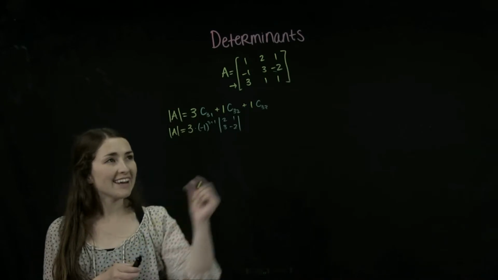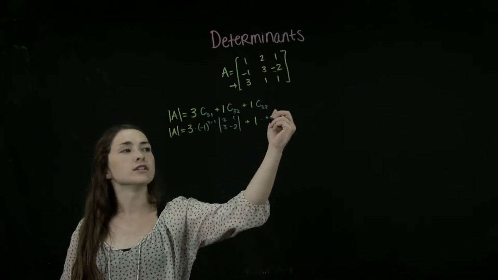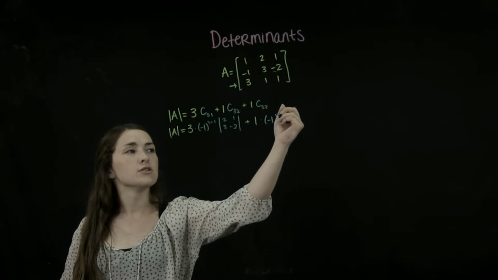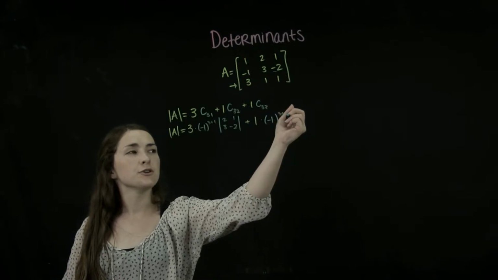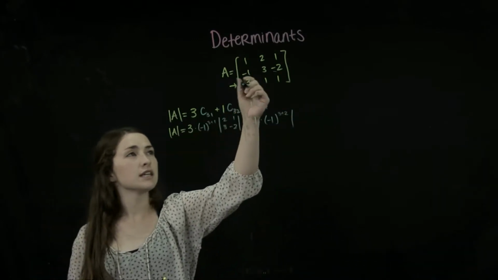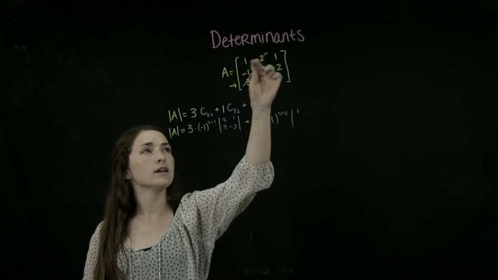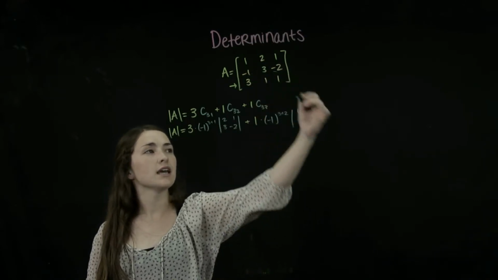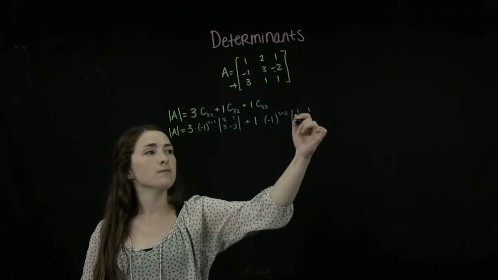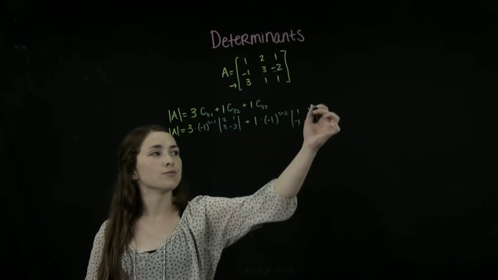And then we're going to be adding that to 1 times its cofactor, negative 1 to the 3 plus 2 power, times the determinant of its minor. So we're deleting the third row, second column. We're going to have 1, skip column 2 because we're deleting it, 1, negative 1, skip the second column, and then we'll have a negative 2.